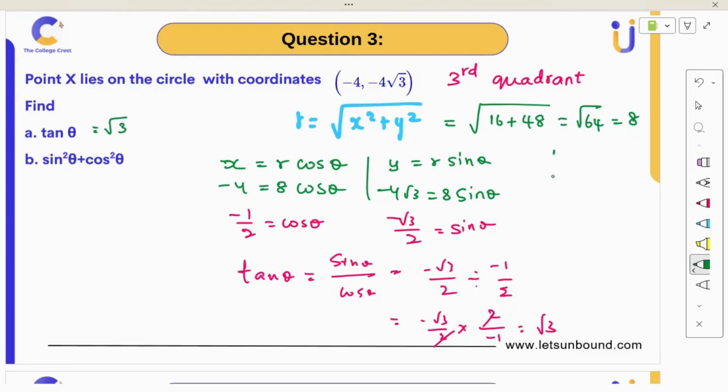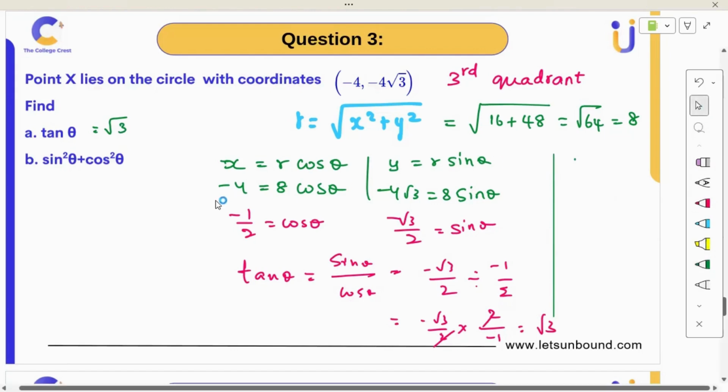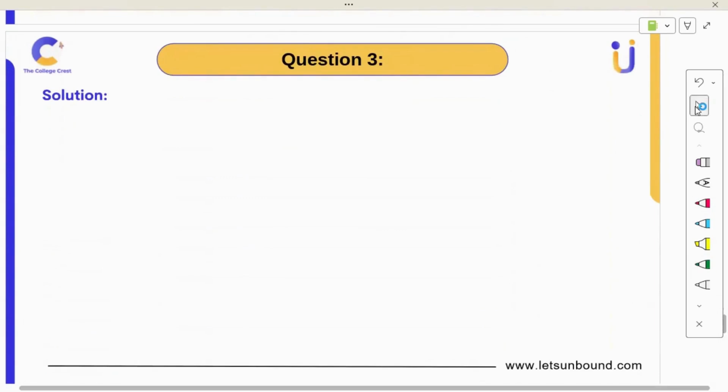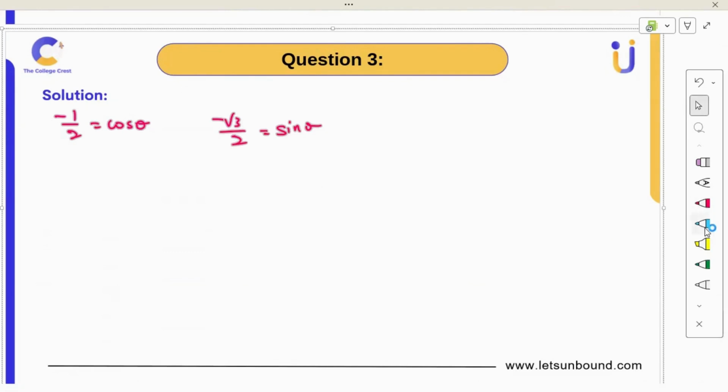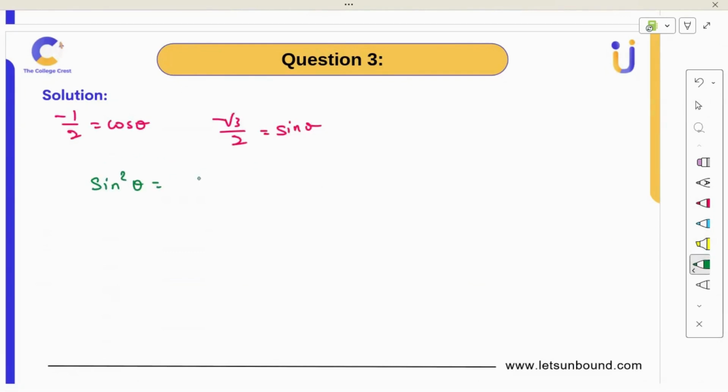Next one, sin square theta plus cos square theta. We have what is sin and what is cos. So just square and add. Let's see what we got. It's very simple. Sin square theta means you just square the sin theta value plus cos square theta means you square the cos theta value.